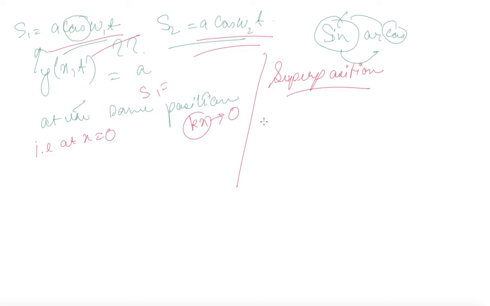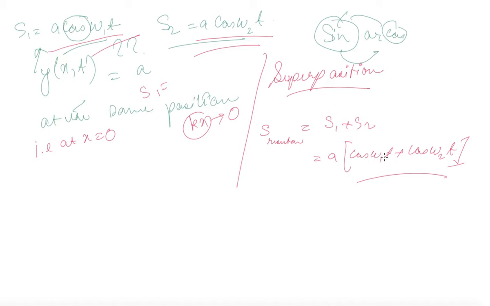So according to the superposition principle, S resultant is equal to S1 plus S2, which is equal to A, taking A common, A times cos omega 1 t plus cos omega 2 t. So this is what we have arrived at.